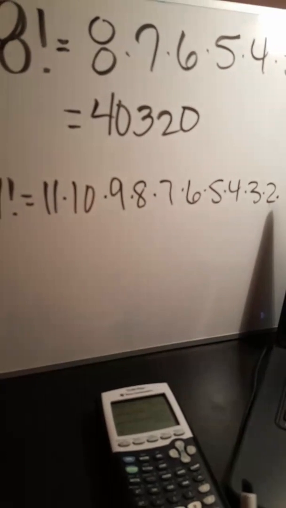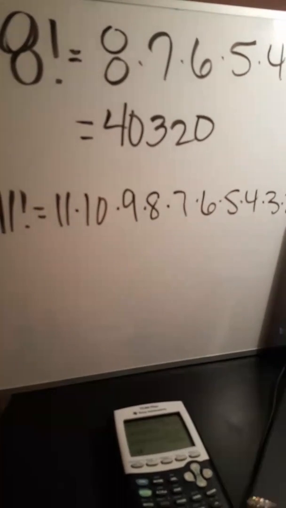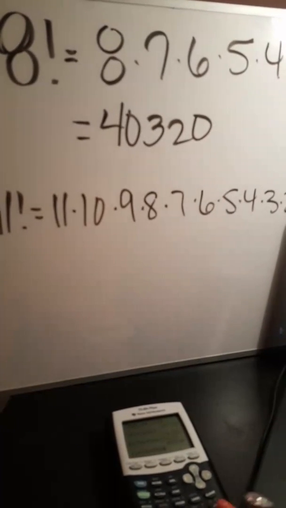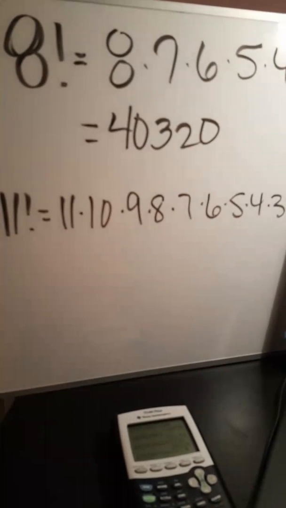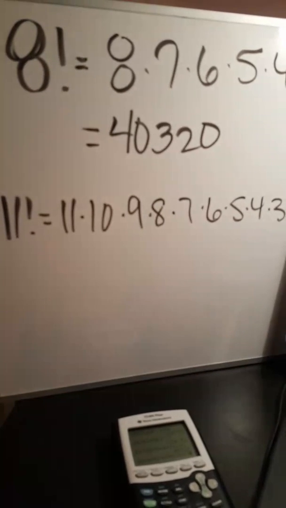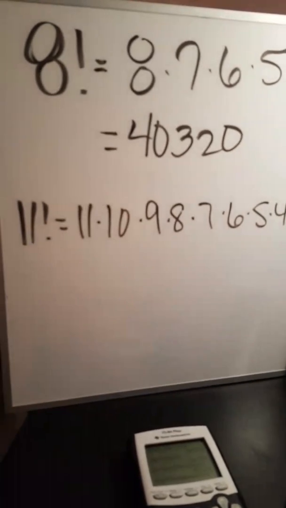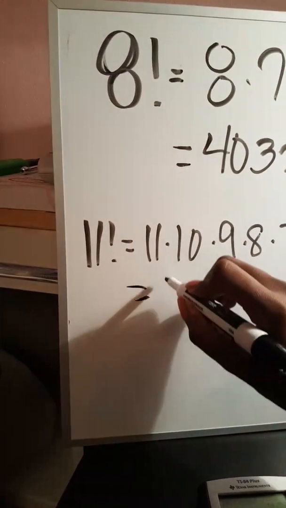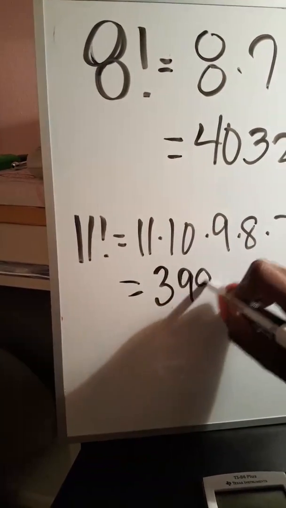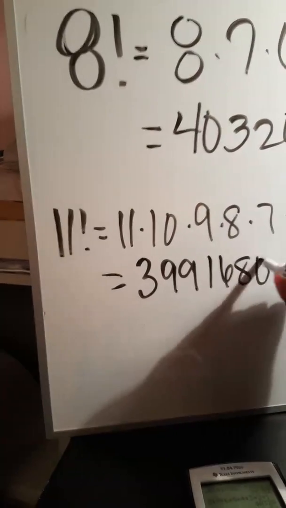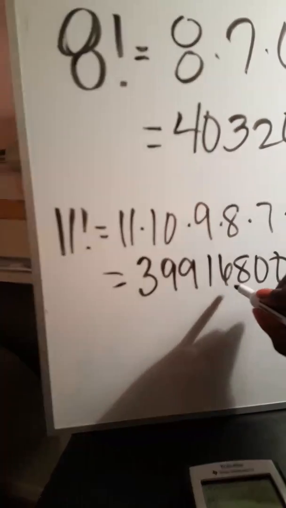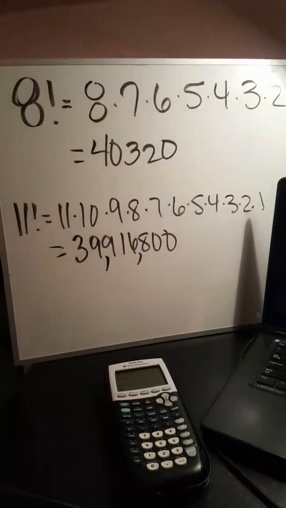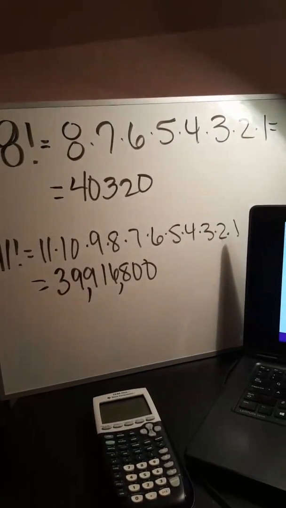On your calculator, you would just multiply those, and that would be a bigger number, which is 39,916,800.